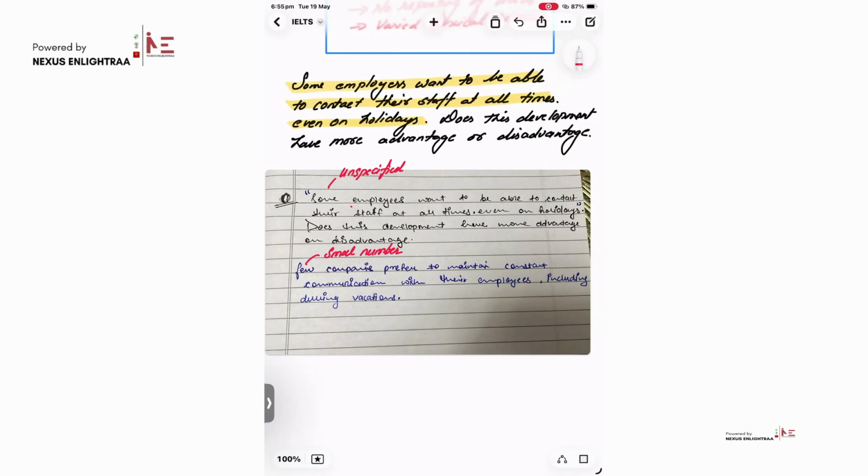What is employees? Employees are the people who you hire, right? Companies is what? Company is an organization, isn't it? What is the meaning of want?